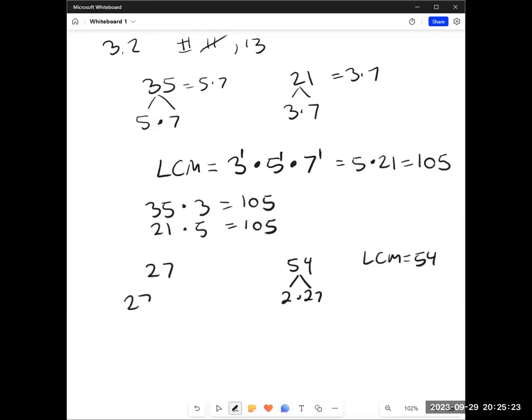So 27 times 2 is 54, and 54 times 1 is 54. So 54 is the LCM. That happens sometimes, that the bigger number is the LCM if the smaller number goes into the bigger number evenly. So watch out for that.